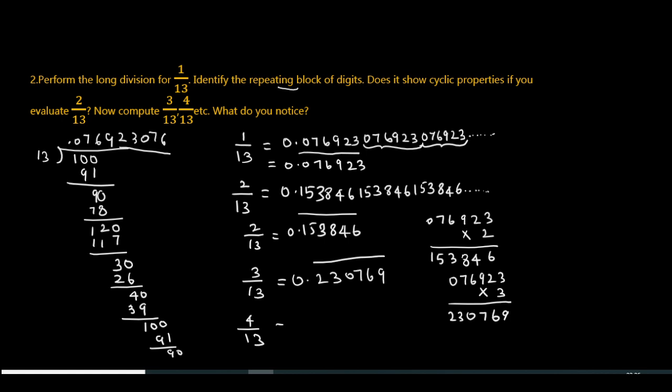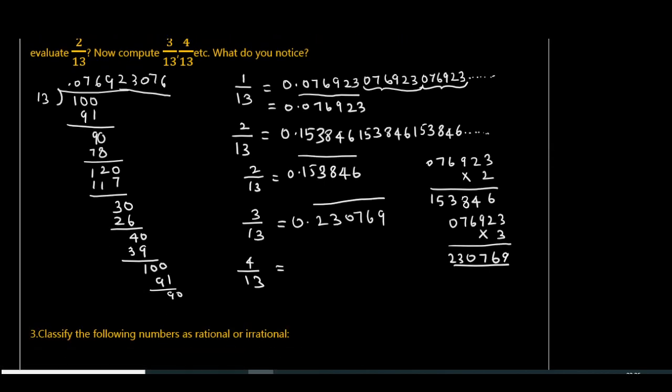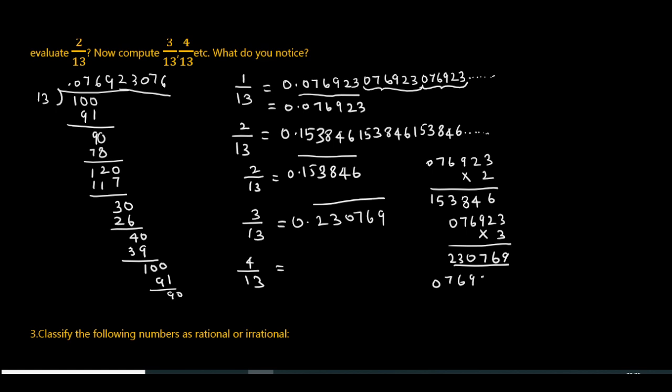So 4 by 13 means you need to multiply that with 4. Which one? 1 by 13's repeated block, 076923 into 4.